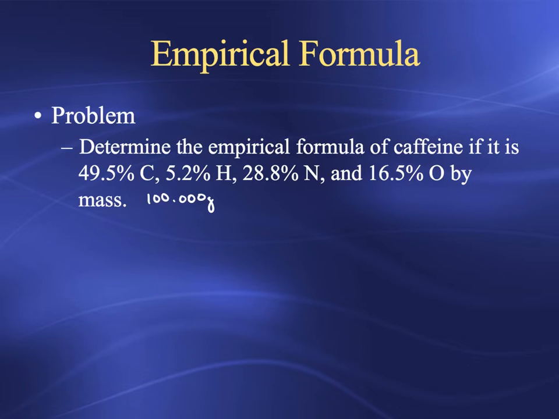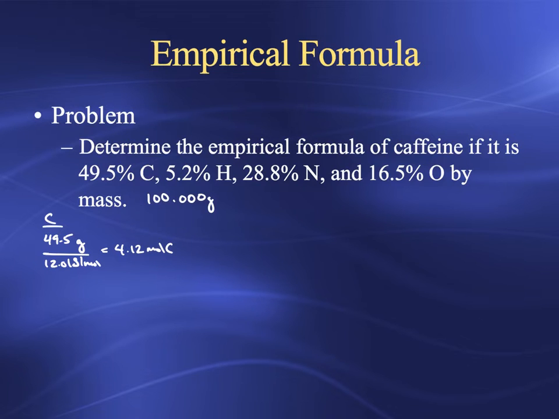So I've got carbon, and that is 49.5 grams of it. Okay, and I want to convert that over into moles, so we'll divide by 12.01. That's the molar mass of carbon from your periodic table, grams per mole. So 49.5 divided by 12.01 with 3 significant figures, 4.12 moles of carbon.